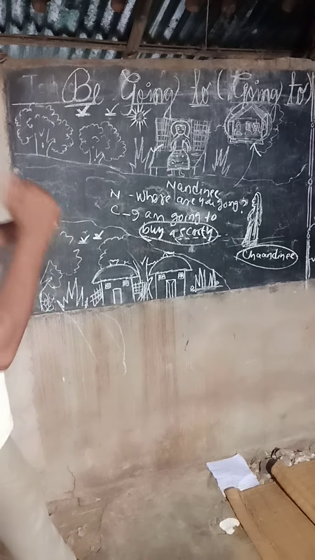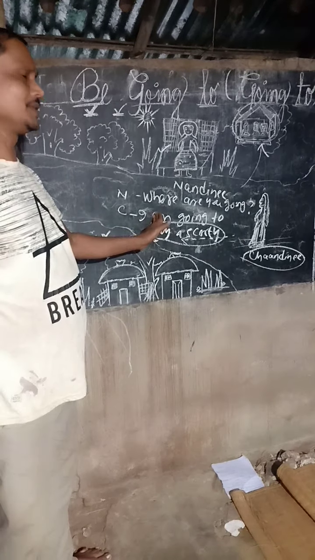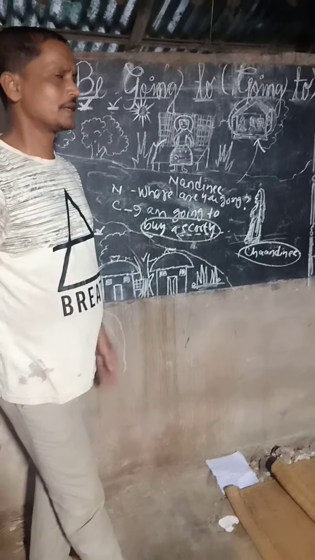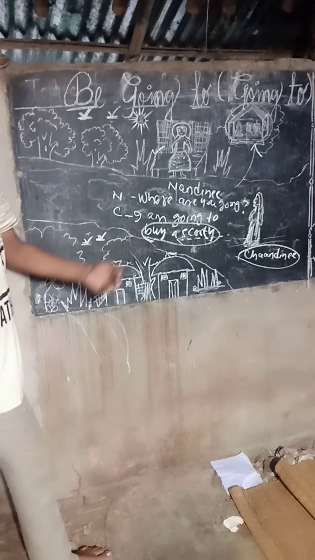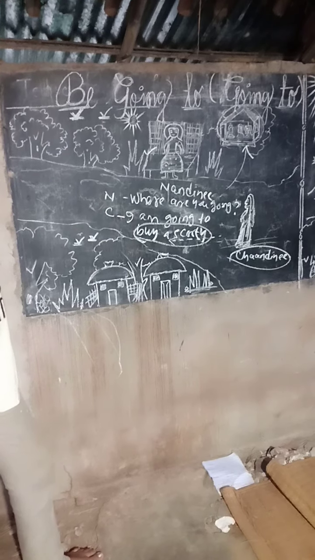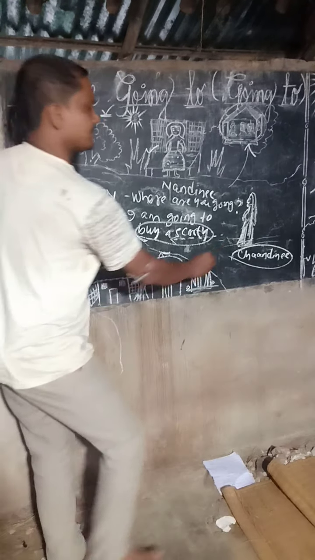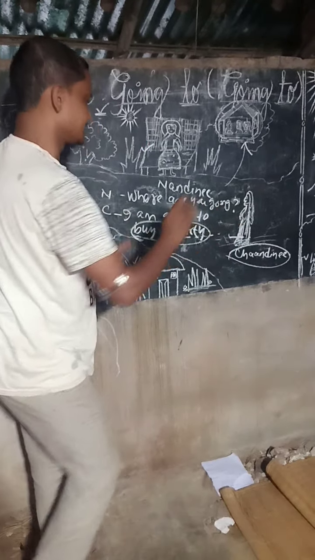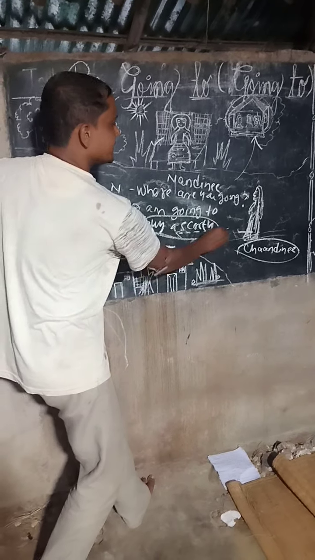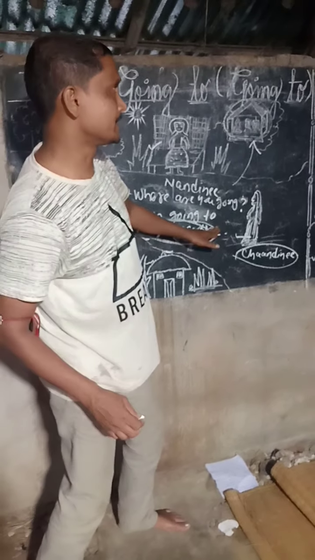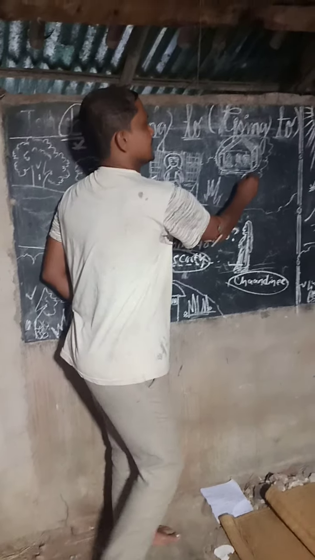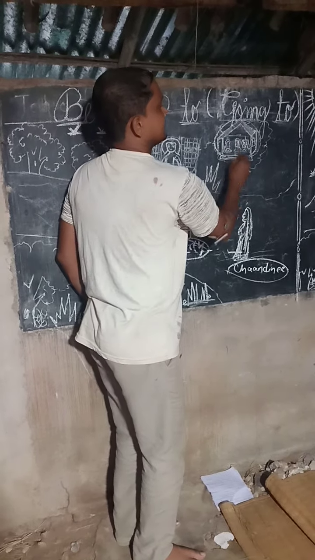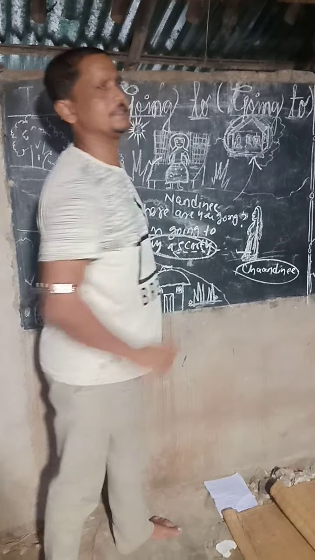That means be going to is used to talk about something that the speaker has decided to do in the future before the time of speaking. Here the speaker is Chandini and she has decided to buy a scooty, and the decision has been made before the time of speaking, that might be at her residence.